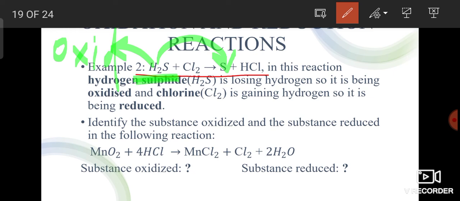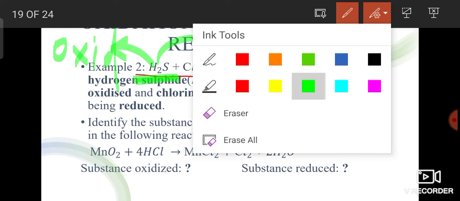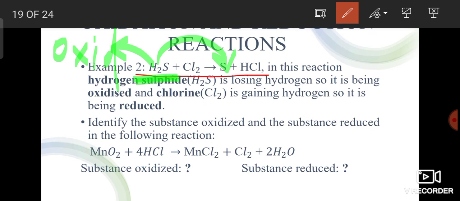ठीक है? Next, coming on to the next reactant, let's have a look at the other one, which is chlorine. Now what happens to chlorine? Chlorine is actually changing into HCl, which means chlorine is accepting hydrogen. So the substance which accepts hydrogen, or in which addition of hydrogen takes place, is the substance which is getting reduced.